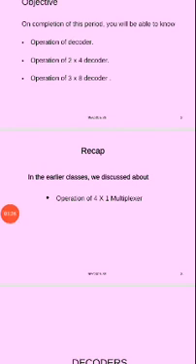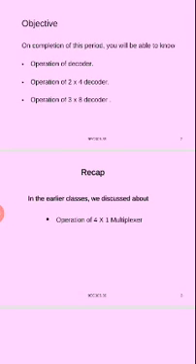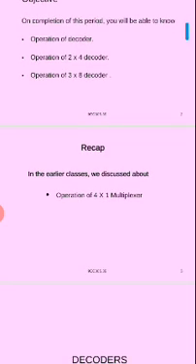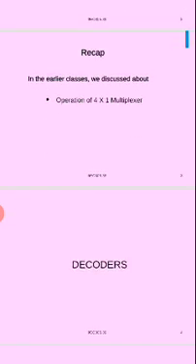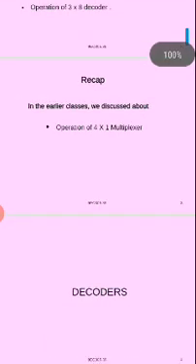In this class we are going to discuss. On completion of this period you will be able to know operation of decoder, operation of 2 to 4 decoder, operation of 3 to 8 decoder, recap, operation of 4 is to 1 mux or multiplexer.